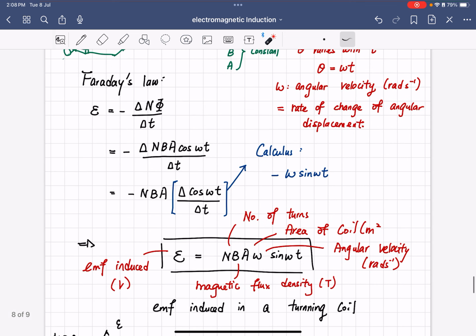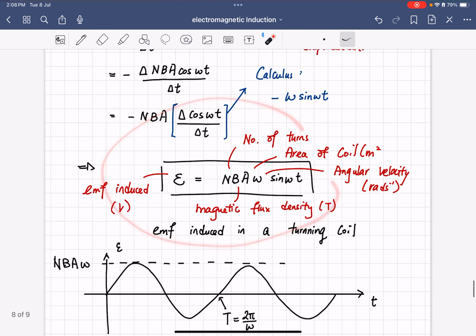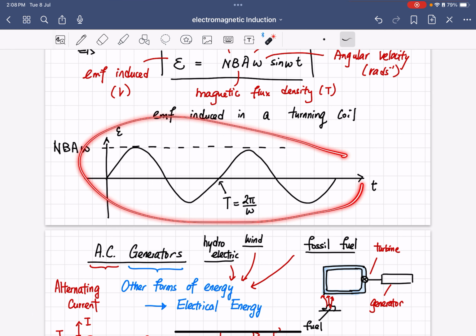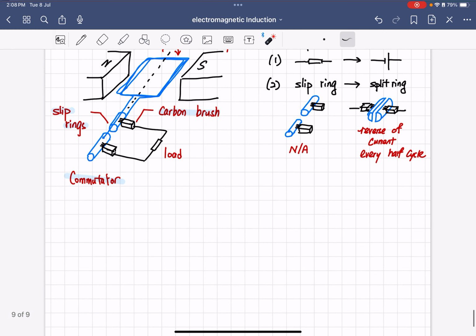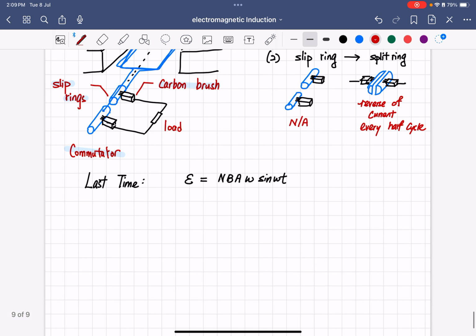With some derivation last lesson, we found that the EMF induced is in this form. So this is from last lesson. We learned the EMF induced here will be given as NBA omega sine omega t. So the maximum EMF induced is given by NBA omega.